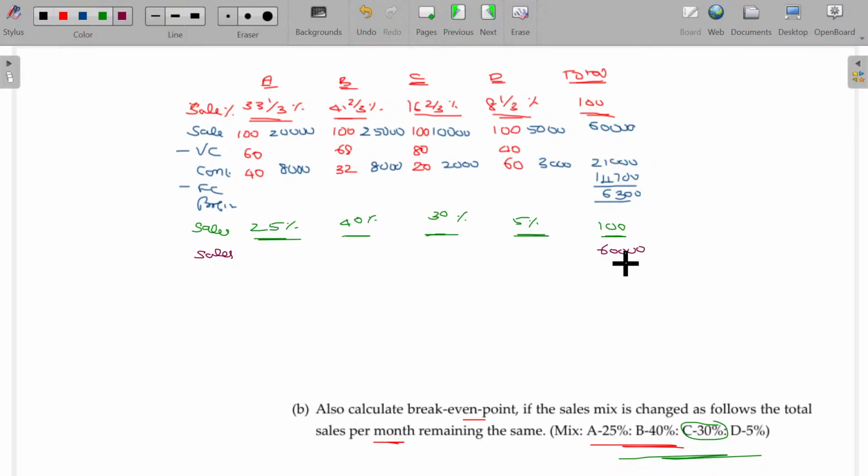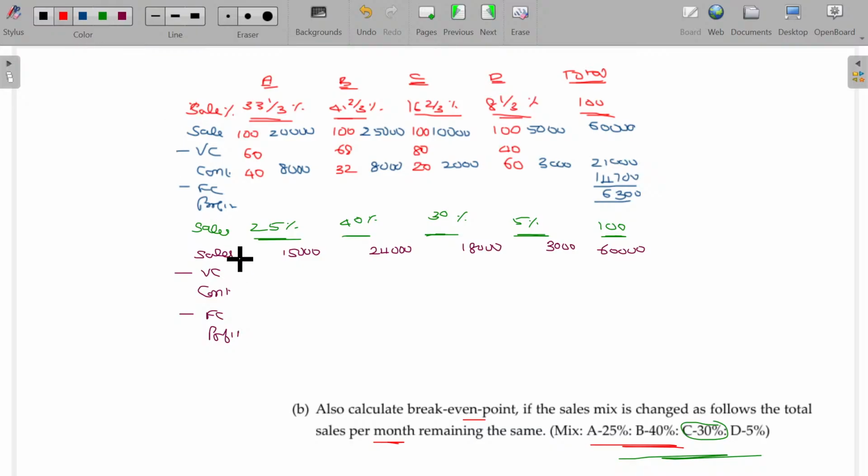Now out of 60,000 rupees, 25 percentage means 15,000 is now sold for A, and 40 percentage 24,000 B, 30 percentage 18,000 C, 5 percentage 3,000 D. From that you can subtract the variable cost, you get the contribution. From that you can subtract the fixed cost to get the profit.